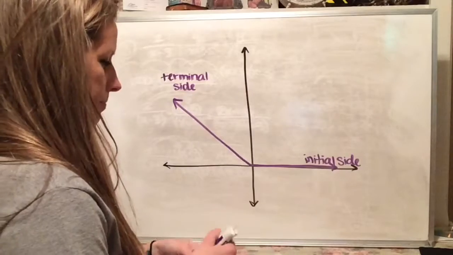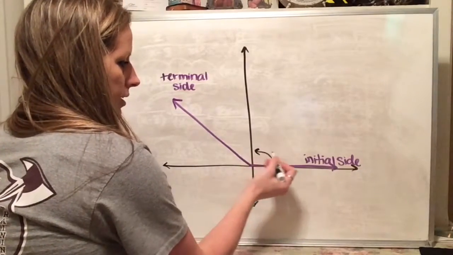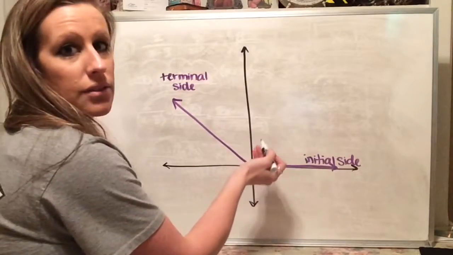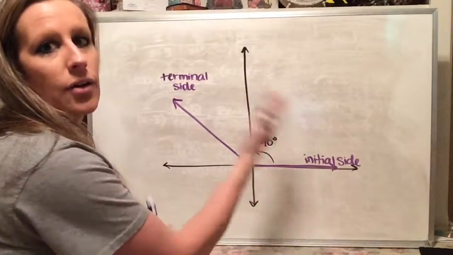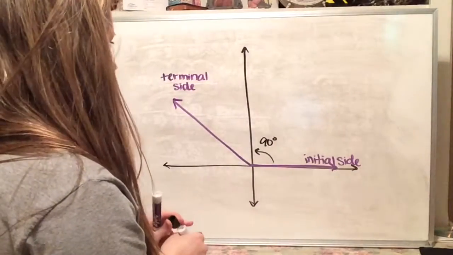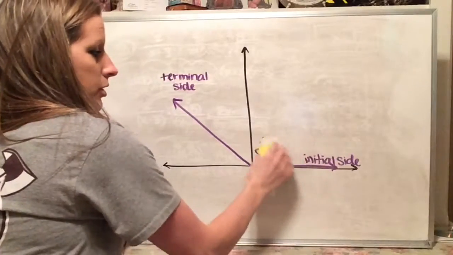So if I go to the positive y-axis, that gives me a positive 90 degrees, right? We always go counterclockwise. All right, the end of your angle is called the terminal side.